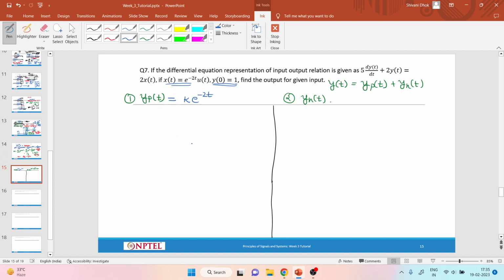When t is less than 0, I don't have any input, so that will be the case covered in the homogeneous solution that we'll look at afterwards.